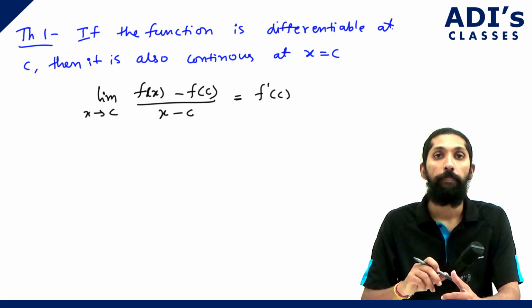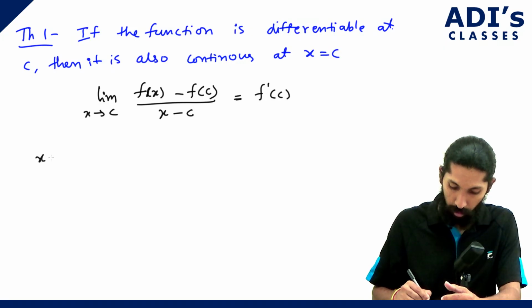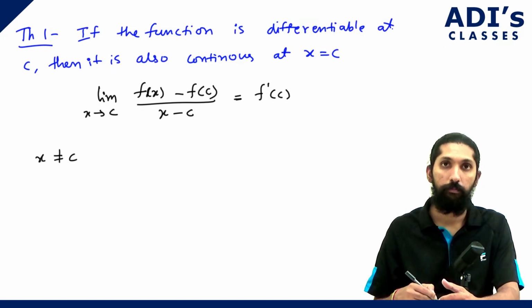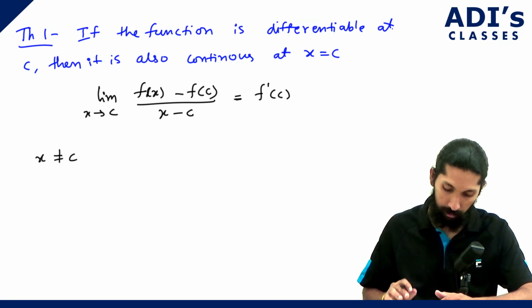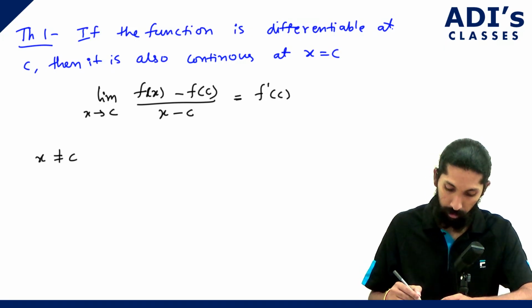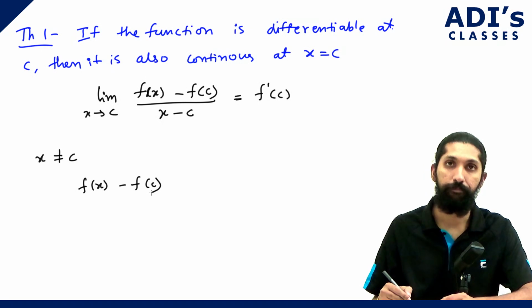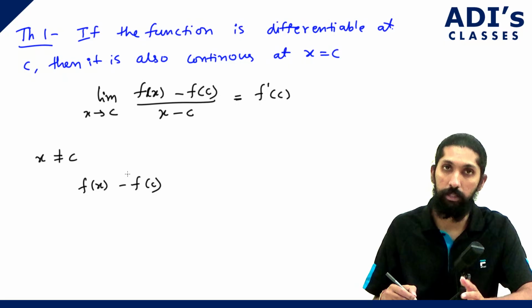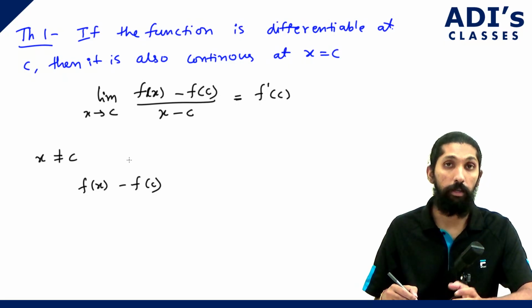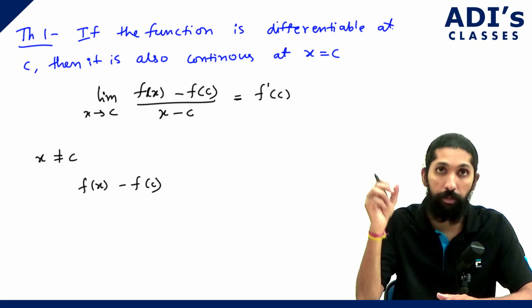Now, what if x is not equal to C? Then we can take the function into consideration, f of x minus f of C. Now multiply and divide this entire expression by x minus C. Since x is not equal to C, it is a non-zero value.